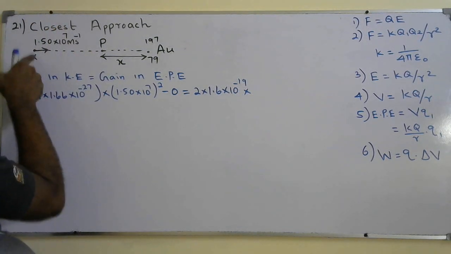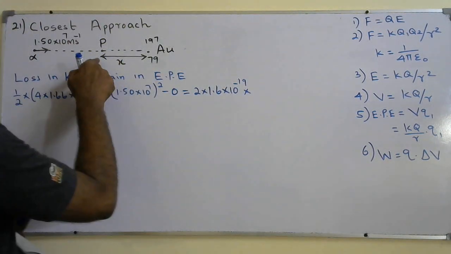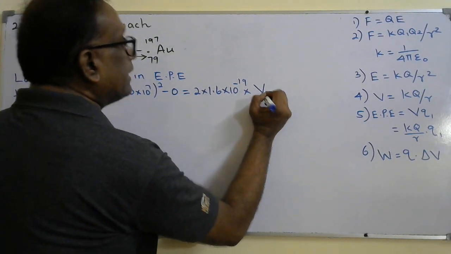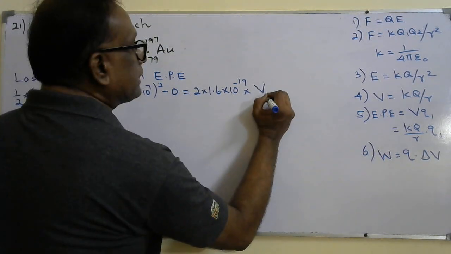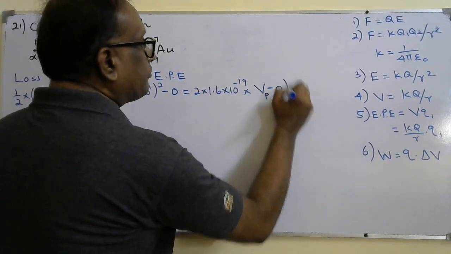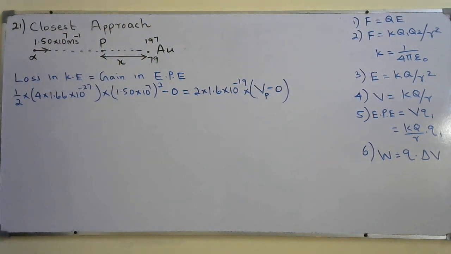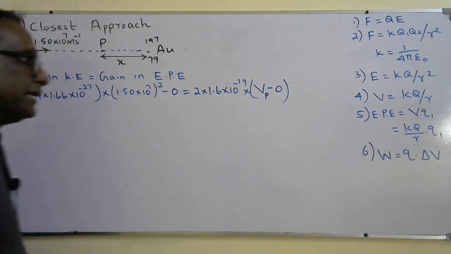Initially, when it is at the far distance, the potential is 0. At point P, the potential, let it be V, is due to the gold nucleus. From this, find the potential at point P: Vp minus 0, the initial potential at far distance. The potential at that point is 0 because it's at a far distance from the gold nucleus. When r becomes much larger, the potential becomes equal to 0.